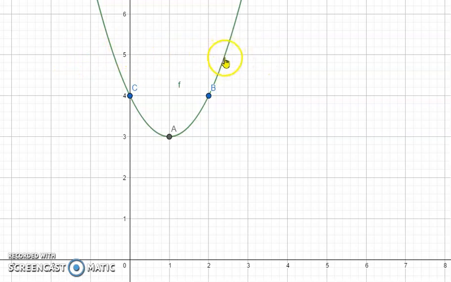The values of x are somewhere between 2 and 3 that will send you to that output, and there is another one between 0 and -1 that will send you to this output. That is why we claim that the range starts from 3 up to positive infinity.